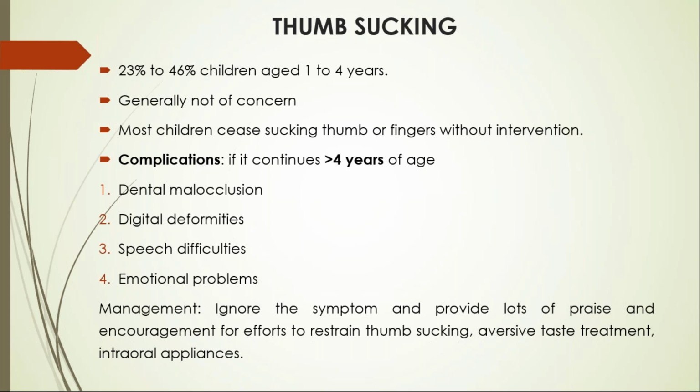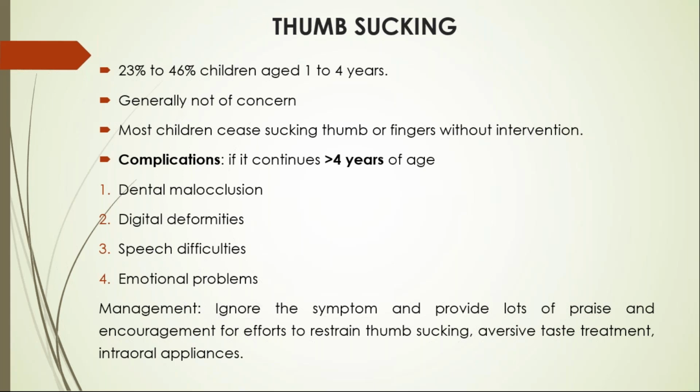Especially in younger children, the advice would be not to do anything, because children do thumb sucking as part of their behavior to satisfy themselves. If the child gets distressed, worried or anxious, he is going to do thumb sucking. It is a way of him being calm or peaceful.